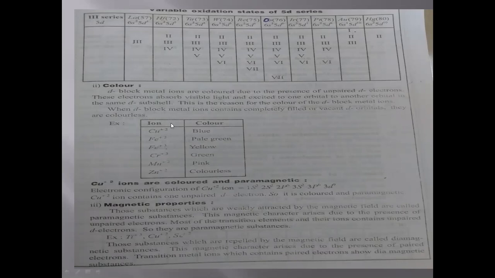This is the reason for the color of the d block metal ions. When d block metal ions contain completely filled or vacant d orbitals, they are usually colorless because there is no unpaired electron.